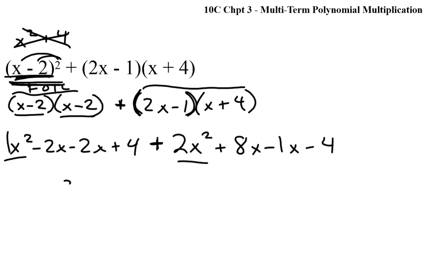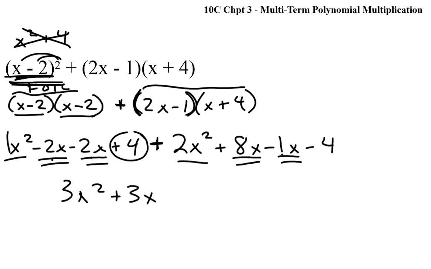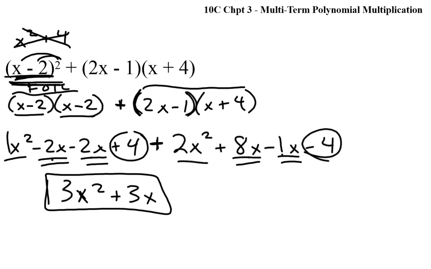Combine like terms. We have all kinds of x's. We have -2 and -2 is a -4, plus 8 is a 4, minus 1 is 3x, and then 4 and -4 is a 0, so we don't need it. So there's our answer for that one.